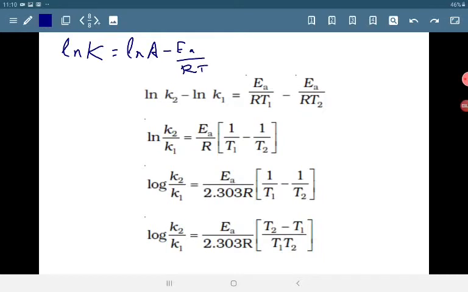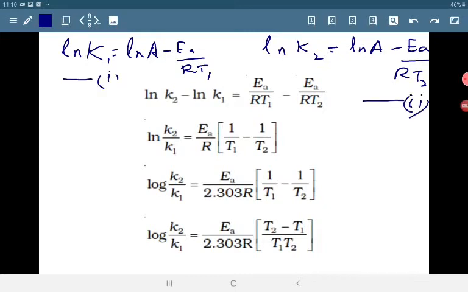So if we take T1 and here k1, where k1 is the rate constant at temperature T1, and we take log of k2 is equal to log of A minus Ea by RT2, these two equations will come. Let it be equation first and equation second.